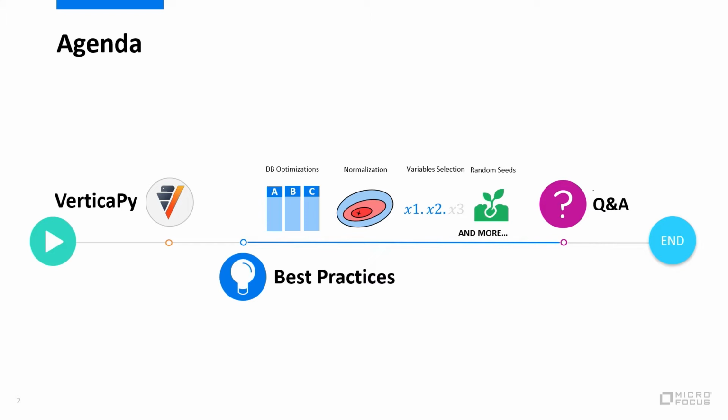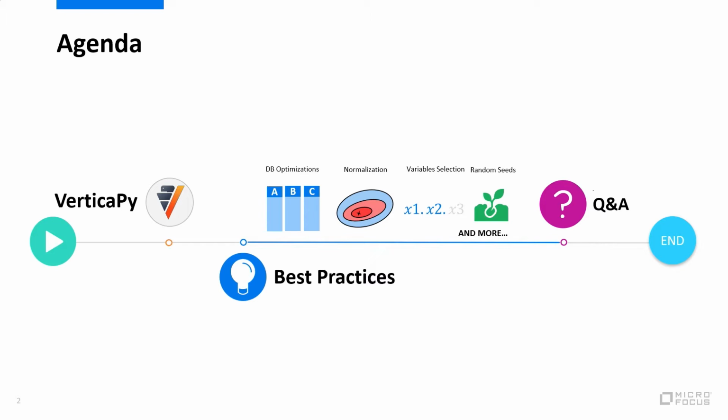In these best practices, we will see why we should care about database optimization. We will look at why normalization. A lot of people are normalizing the data without knowing exactly why. I will try to show with numbers why it is more performant to normalize the data.